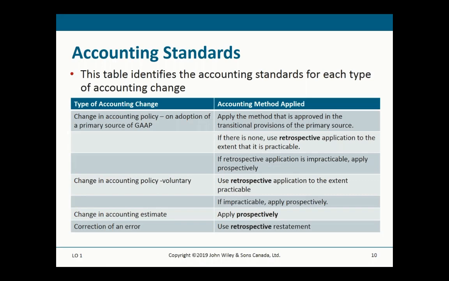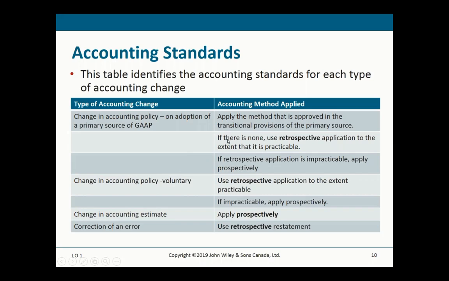And retrospective application means that we are going to have to restate the comparative periods, and we're also going to have to calculate the cumulative effect had we used that accounting standard since the beginning of time. So if that's impractical to do or it's not material, you can apply it prospectively.